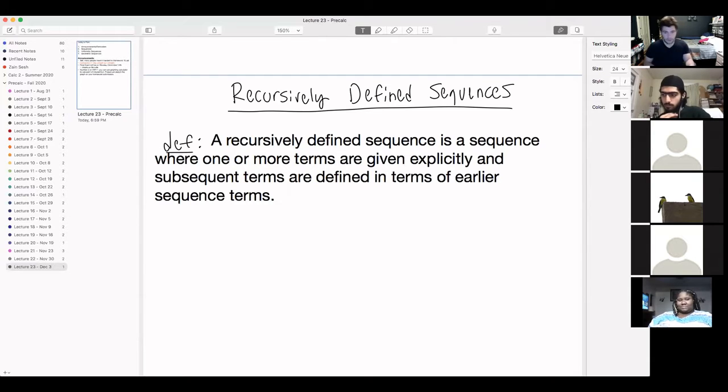Let me underline what we're defining here: this recursively defined sequence.